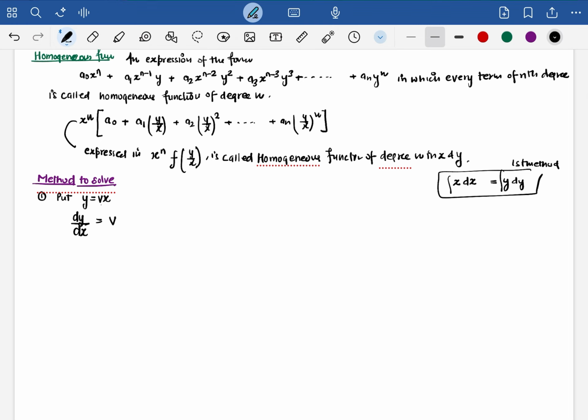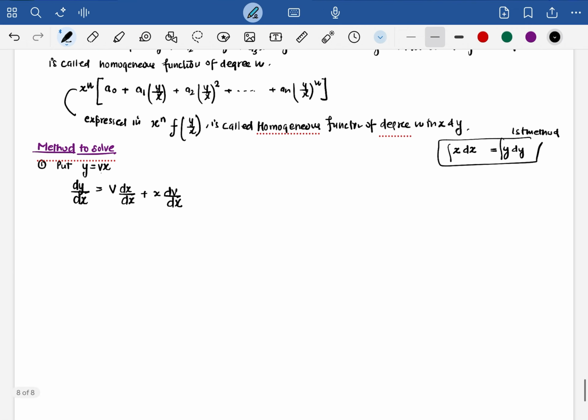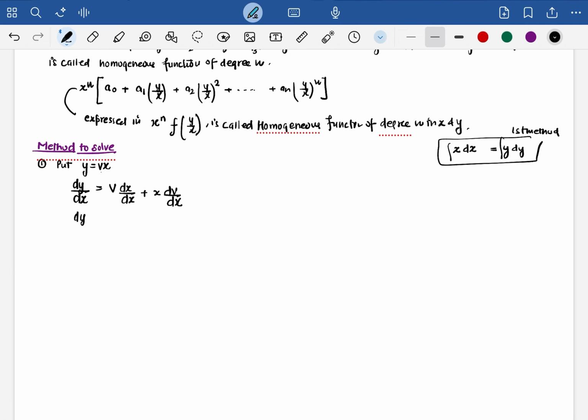Keep the first term constant and differentiate the second, plus keep the second constant and differentiate the first. So dy/dx is replaced by v plus x dv/dx.